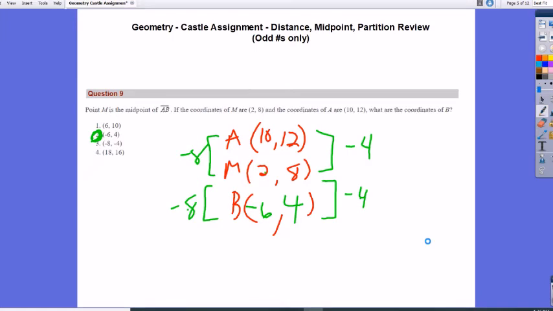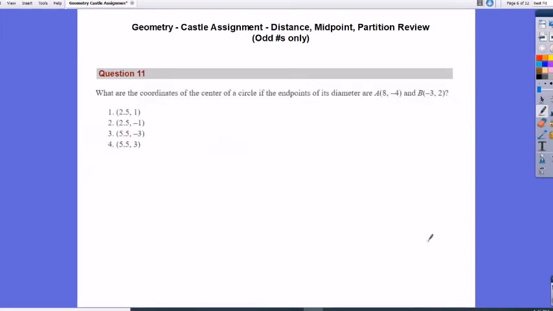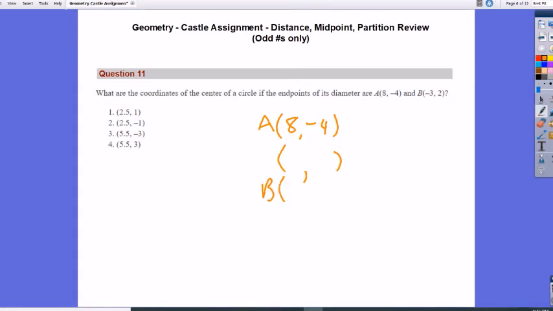Okay, question 11. Center of a circle if the endpoints of its diameter are 8, negative 4, and negative 3, 2. That means the center would be the midpoint between these two. So then midpoint and B. That's down 11.